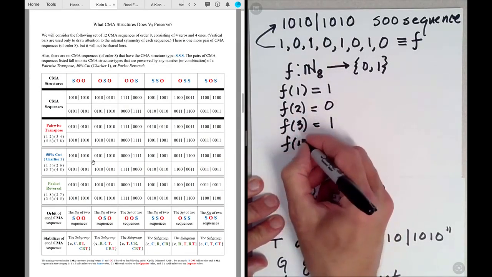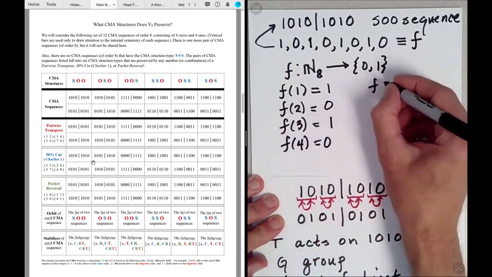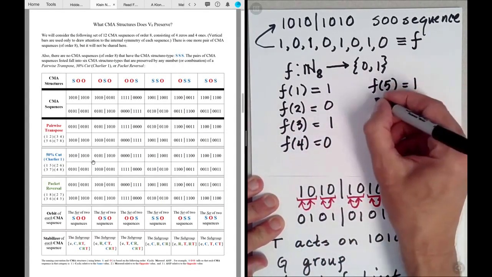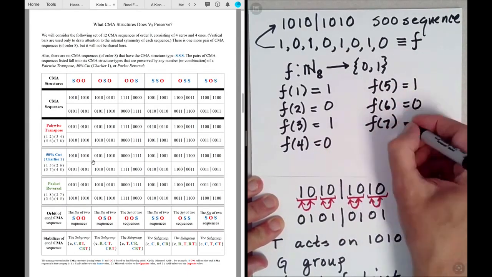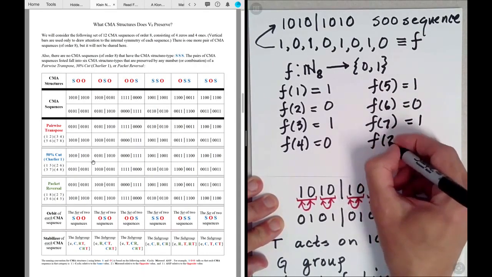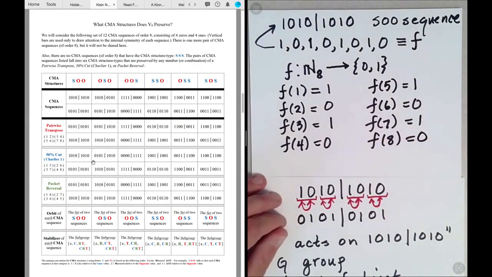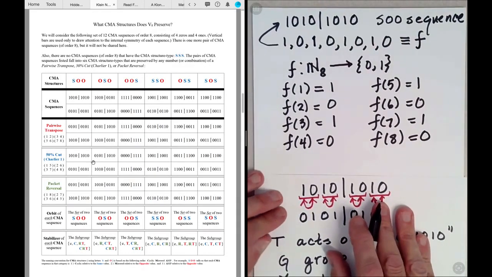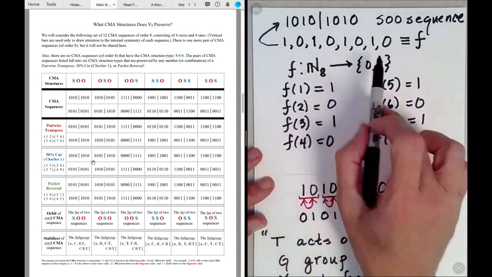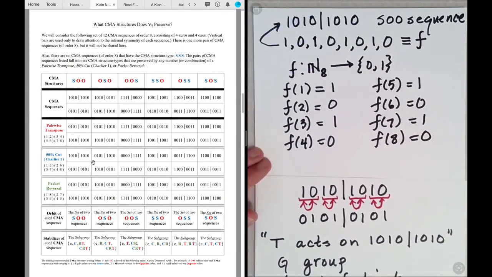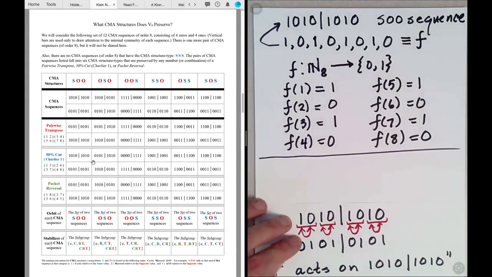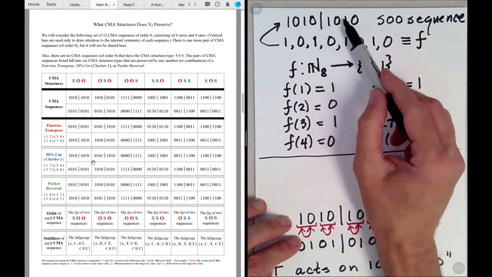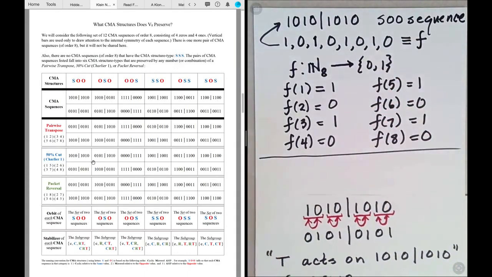Position 4, it's a 0. Position 5 is a 1. Position 6 is a 0. Position 7 is a 1. Position 8 is a 0. Okay, so that is a full, faithful description of this sequence as a function. We've identified the domain, the codomain, and its definition for each element in its domain. So indeed, this CMA sequence can be viewed as a function.